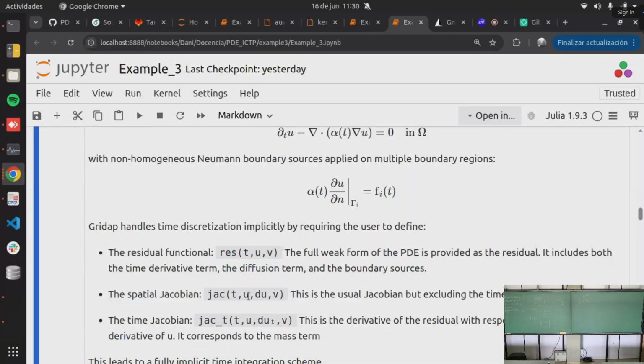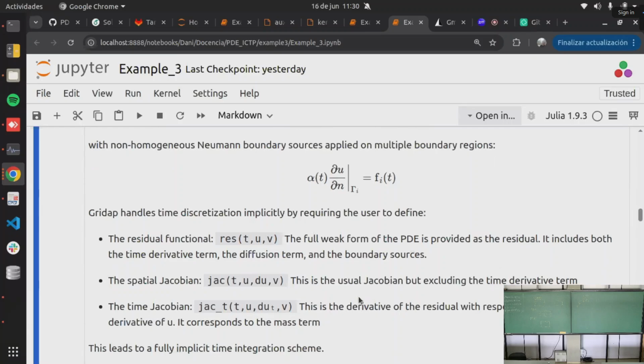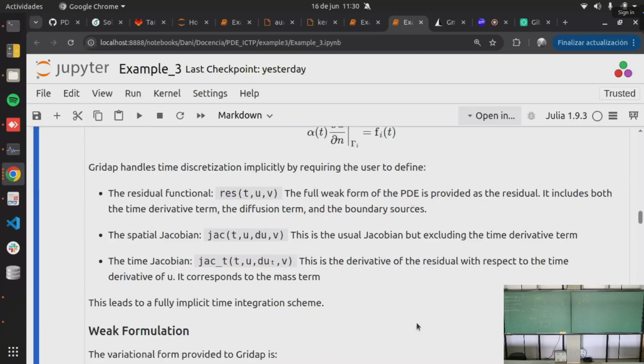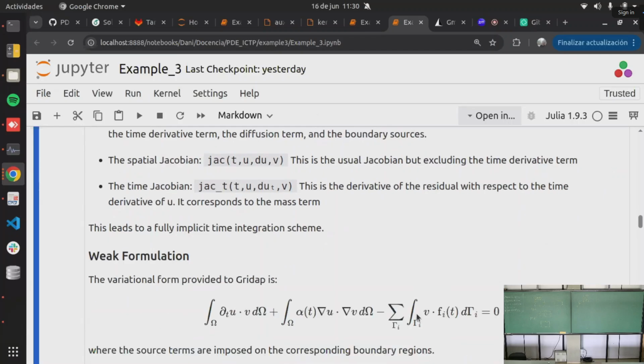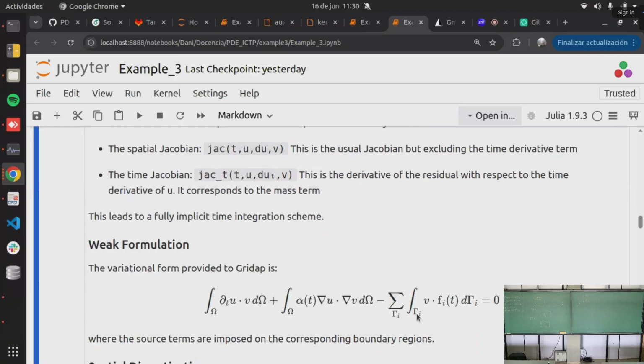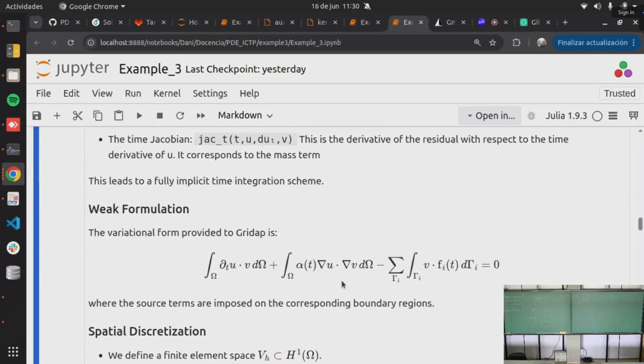The spatial Jacobian, that is the usual Jacobian but excluding the time derivative term, and a time Jacobian, that is the derivative of the residual with the time derivative of u, that will correspond to the mass term. So the variational form provided to Gridap is this, where there will be only one integral in the internal boundary.